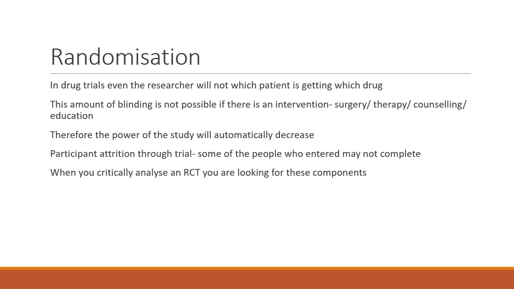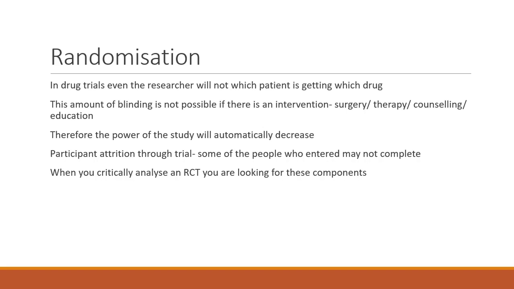Another thing that you must consider is participant attrition through the trial. So they may have recruited n number of participants, but by the time the trial is over, especially if it is long drawn out trials, there will naturally be an attrition. Some groups may have greater attrition than the other.